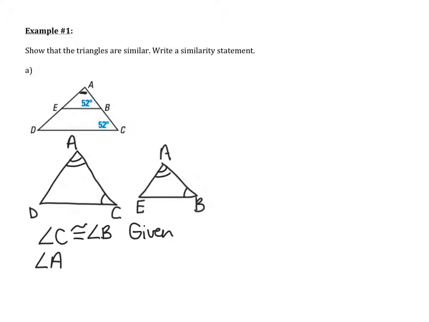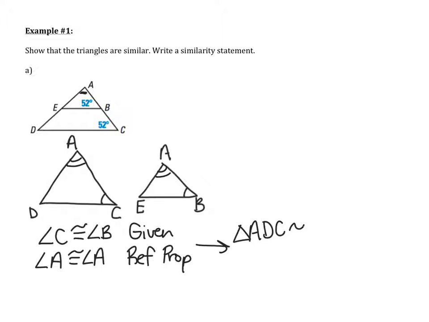Angle A would be congruent to itself because of the reflexive property. And then I'd be able to prove then that triangle ADC is similar to triangle AEB because of angle-angle similarity. So I didn't do a formal proof, but I did state how I knew the triangles were similar.